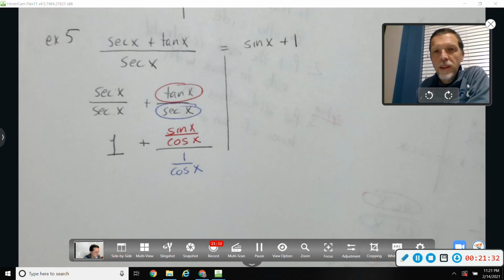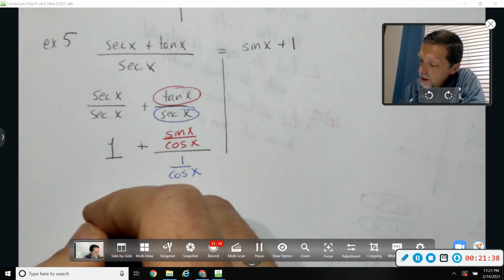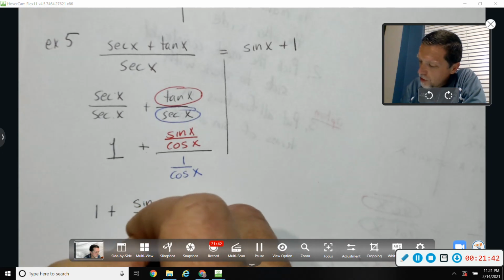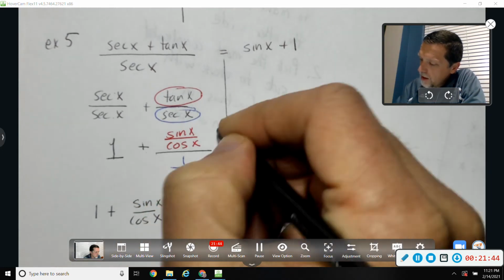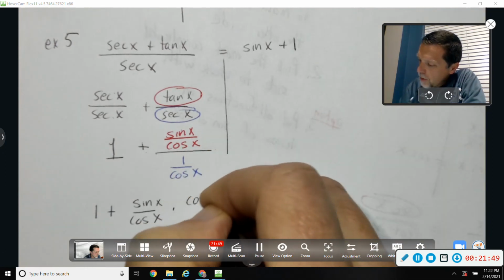Some people can simplify from there. Their fraction sense is good enough that they see that cosines are both in the bottom, they cancel them. Other people are a little more hesitant to do that, and they'll do the keep it, change it, flip it thing. So keep the top one, change to multiplication, flip the bottom one.